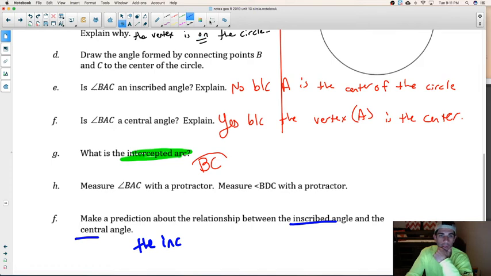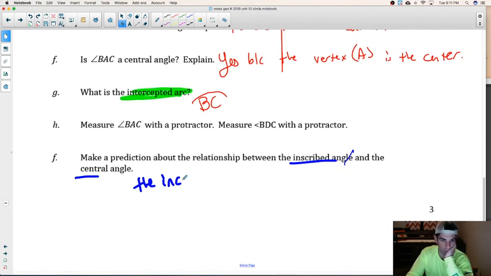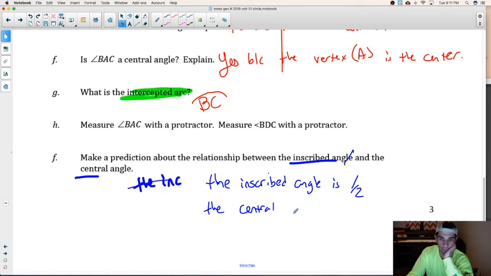The inscribed angle is half the central angle.